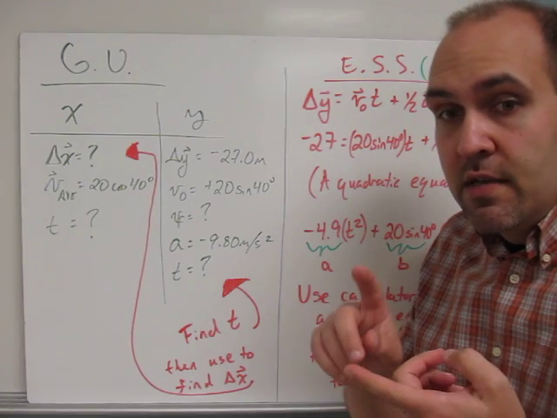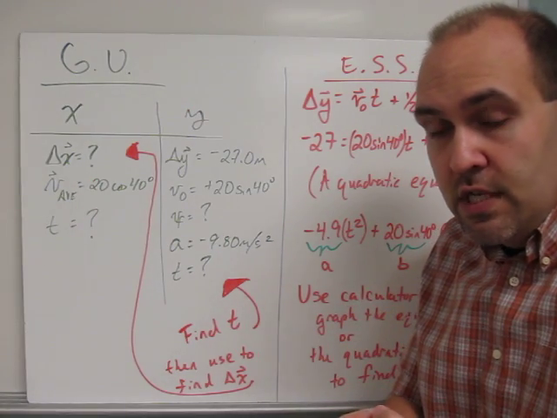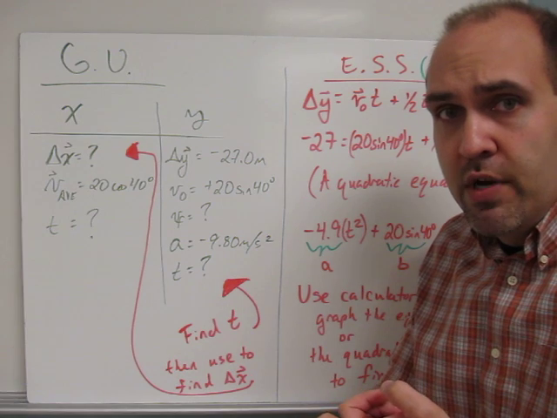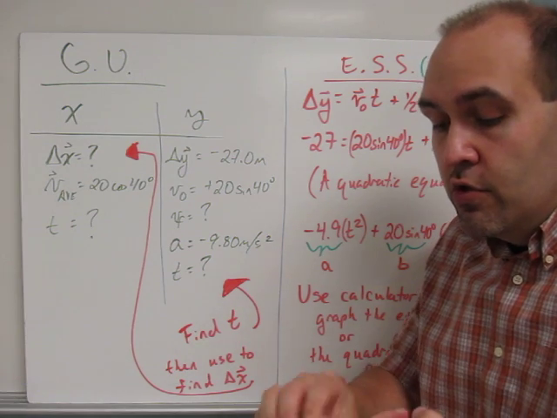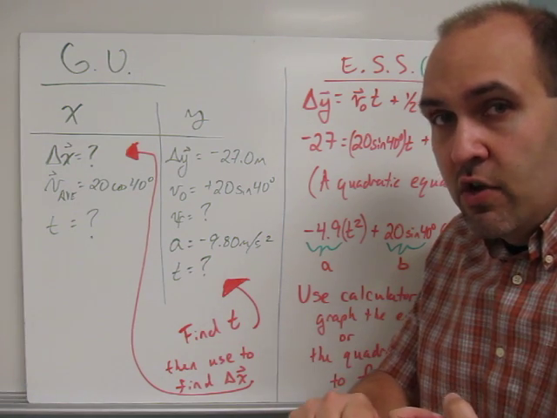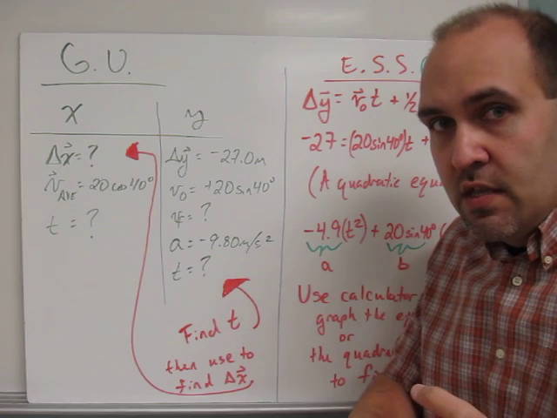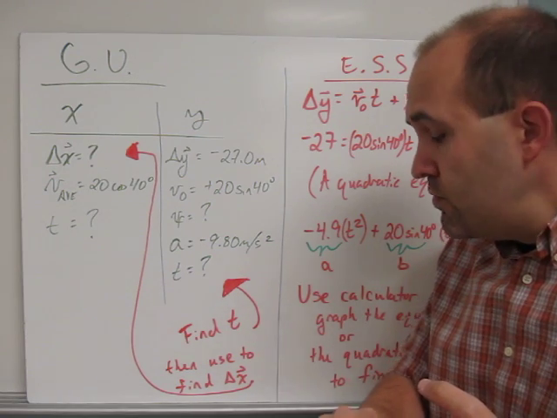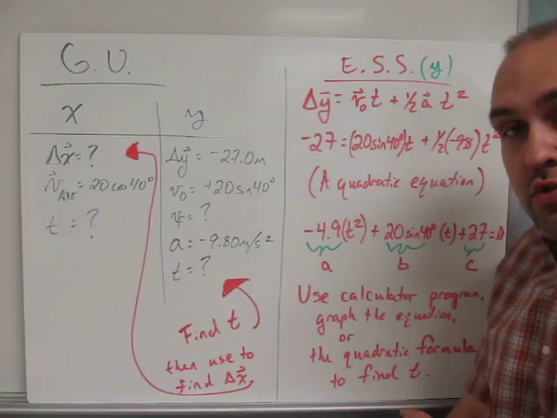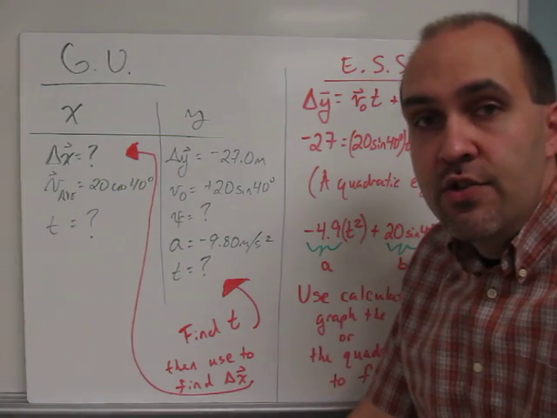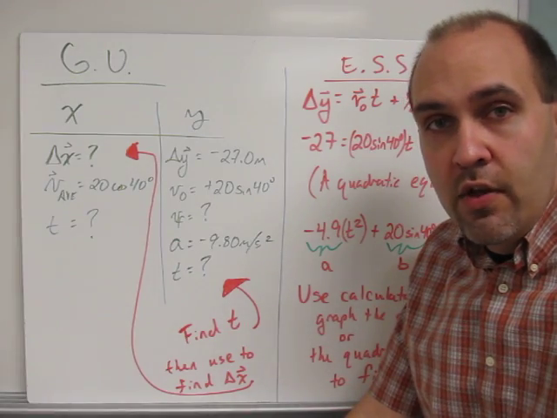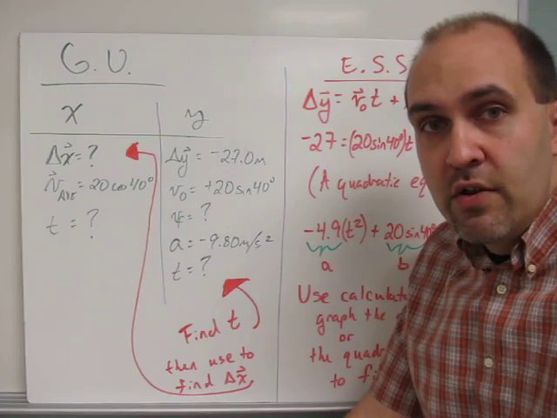At this point, I have three options. I can either use my calculator program to solve for t, a quadratic equation solver in your calculator. You can graph the function, graph the equation, and see where it crosses the x-axis. Or you can use the quadratic formula. If you forget how to do those things, go check the other video on the quadratic formula that I made to remind yourself how to do that.